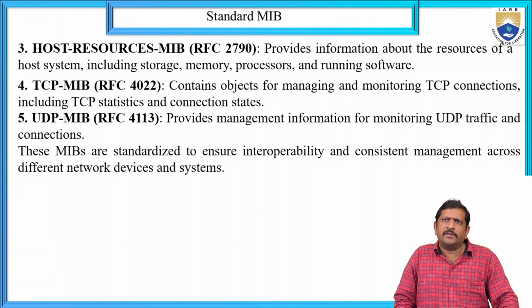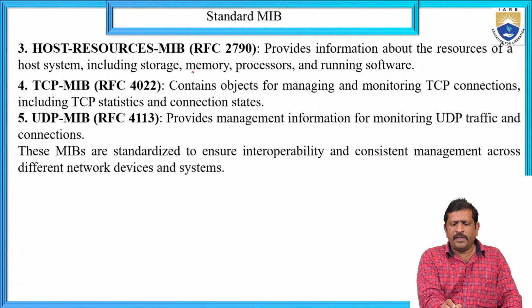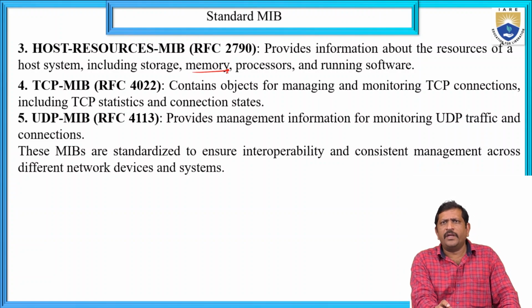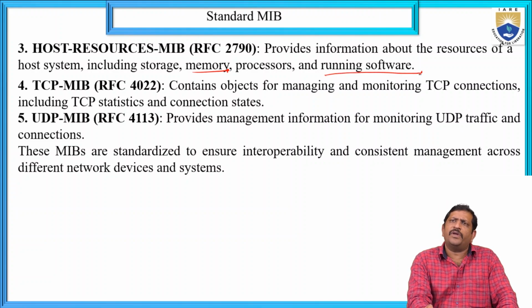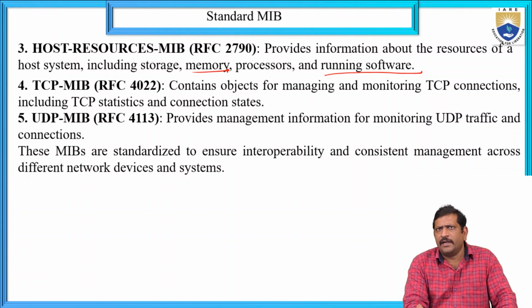Storage devices, memory devices, processing and running software can all be managed. Whatever software we are running at the client side and the server side can be managed and monitored, that is, whether the client side and server side software are working effectively or not.